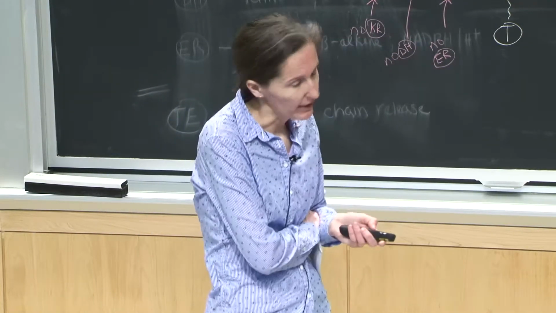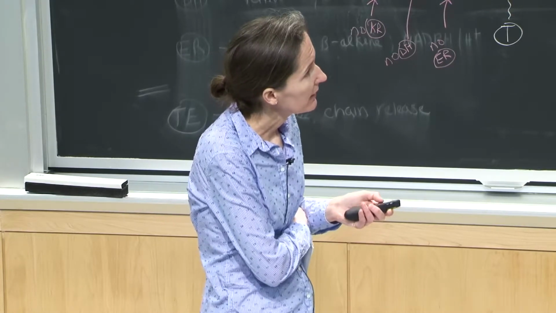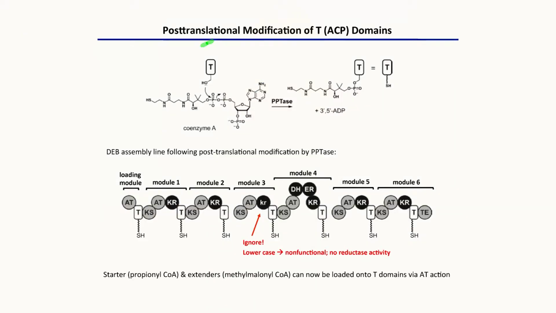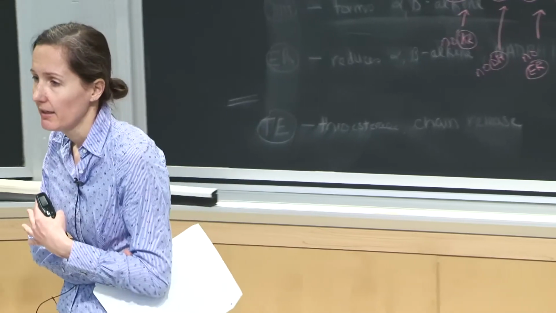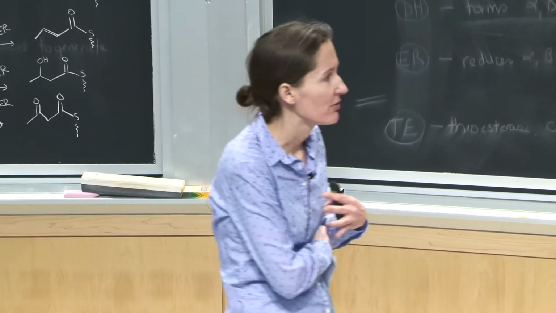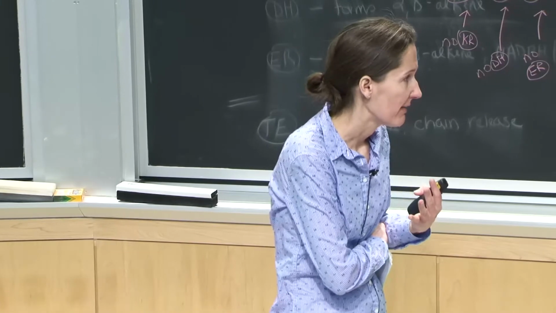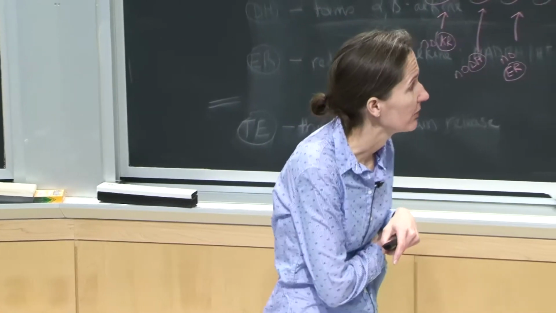So what happens? So again, there's post-translational modification of this T domain. So it has a serine. This serine gets modified with the PPant arm, as shown here, and we use that squiggle depiction as I showed for the acyl carrier protein of FAS. So post-translational modification of these T domains has to happen before any of the monomers are loaded onto this assembly line. And these PPant arms allow us to use thioesters as the linkages and do the chemistry I showed earlier.